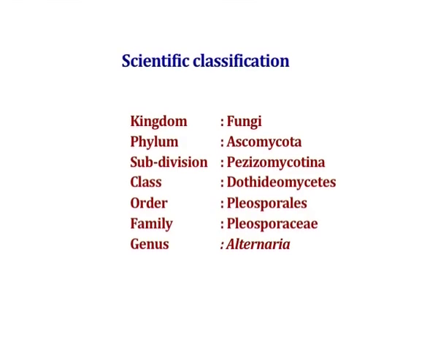The infected plants fail to develop bulbs. Next is the scientific classification of this pathogen. Kingdom Fungi, phylum Ascomycota, subdivision Pezizomycotina, class Dothideomycetes, order Pleosporales, family Pleosporaceae, genus Alternaria.